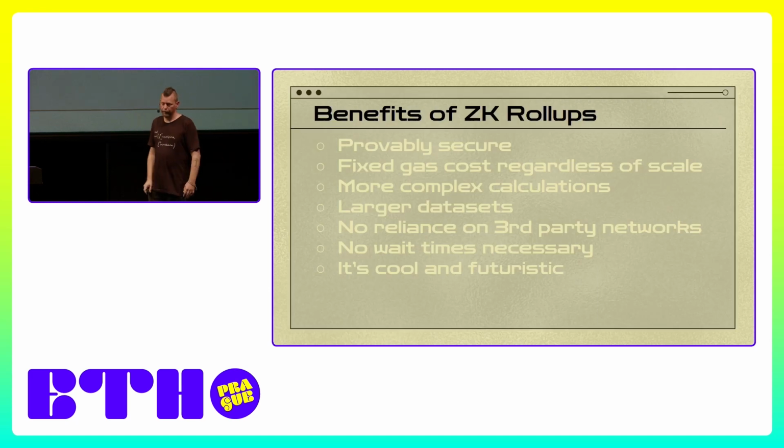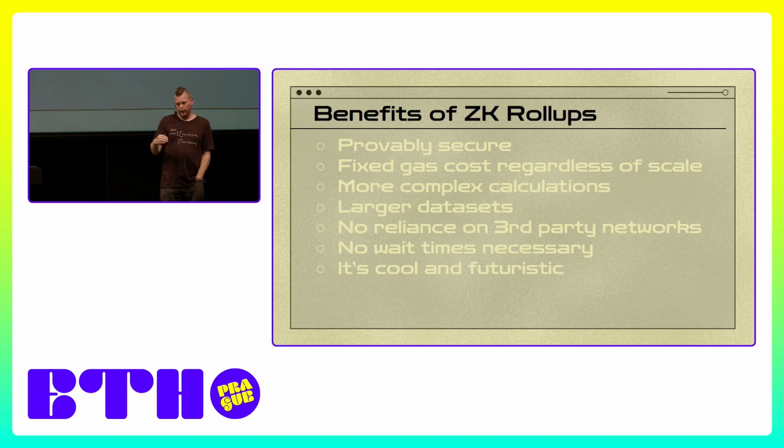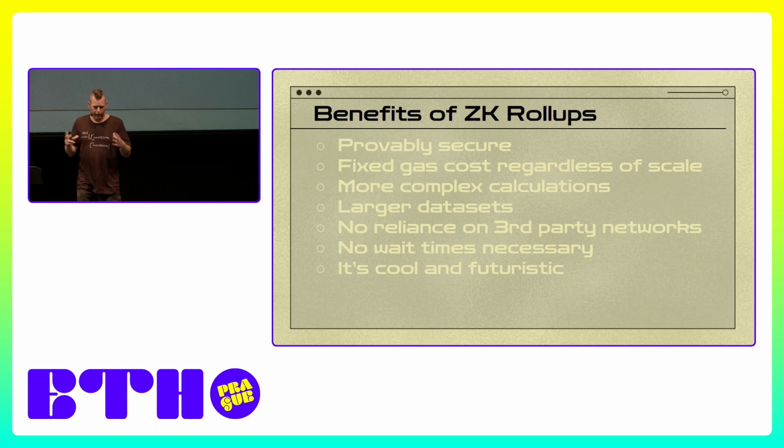But basically, the benefits are it's provably secure. There are the fixed gas costs, the more complex calculations, combined with the larger data sets. So you get to do complex calculations on big data sets, which is something you absolutely can't do on Ethereum right now, which is really nice.